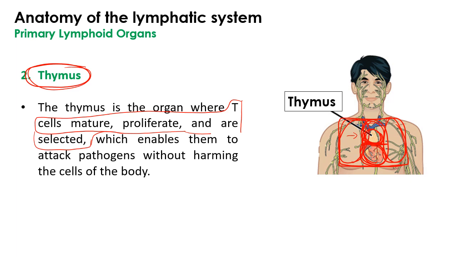There in the superior mediastinum is the place where the thymus is located. Now, you have to be careful when you review other organs, because we have other glands here in the neck. Make sure that you know the location of the thymus and don't confuse it with the thyroid gland, which is here in the neck.